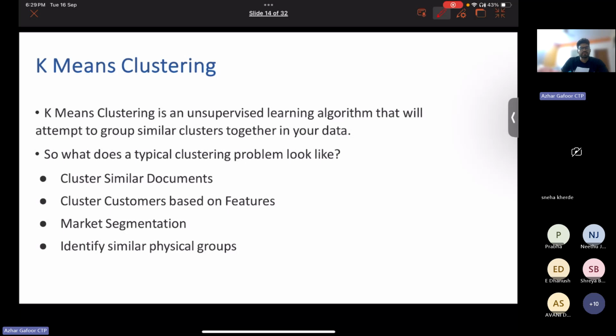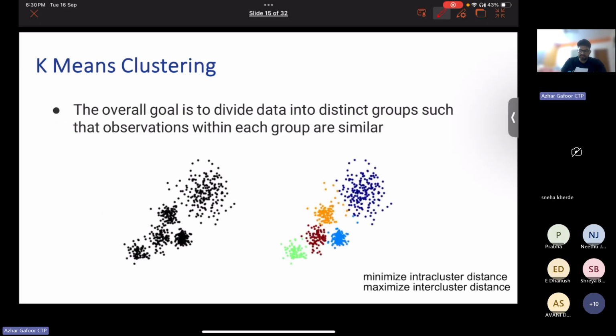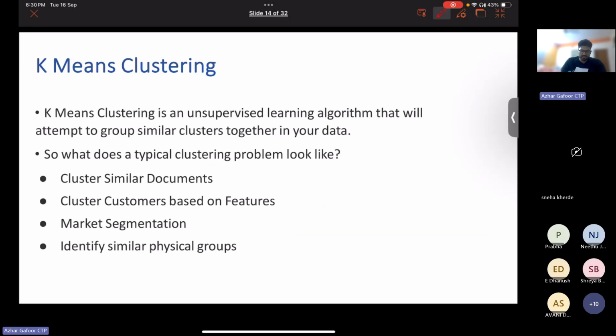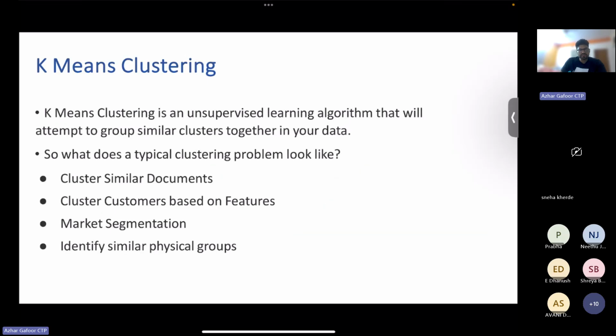So what is k-means clustering? K-means clustering is an unsupervised machine learning algorithm. Unsupervised means we are not giving any labeled data in this training algorithm. We are just giving the data and doing some task like grouping the data together into some clusters.